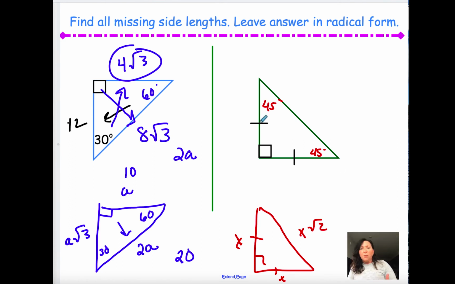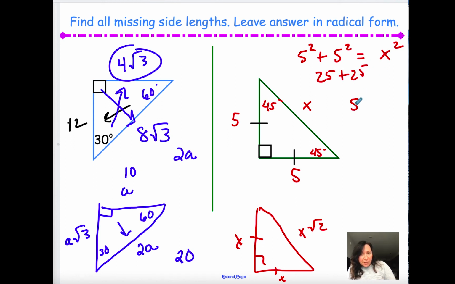If you ever forget that, what's unique about the isosceles right triangle is if you have just one side, you can say, well, I don't know what the other side is, but it has to be 5. And therefore, if we don't know what this side is, we know it's 5 root 2, but let's say we completely forgot for a moment, you can say 5 squared plus 5 squared is equal to that opposite side squared. I don't know, x squared. So we'd say 25 plus 25, which is 50, and 50 equals x squared.